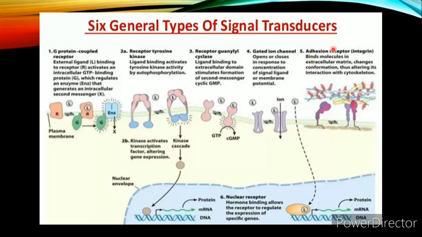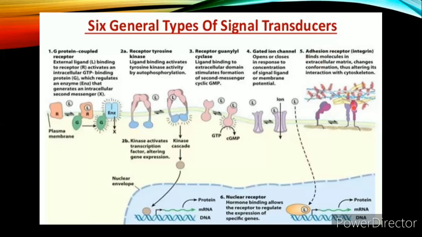Next one is the adhesion receptor. The adhesion receptor binds and interacts with the macromolecular compounds of the extracellular matrix, for example collagen, and conveys the instruction to the cytoskeletal system about cell migration or adherence to the matrix.